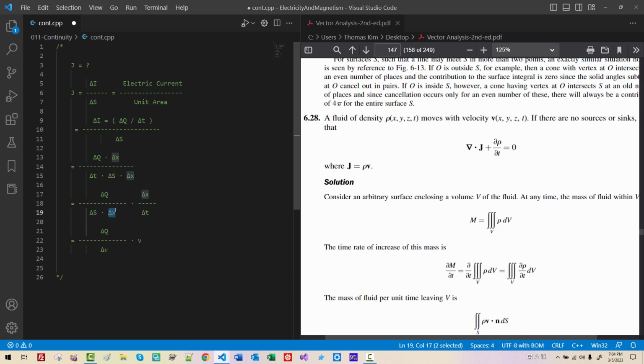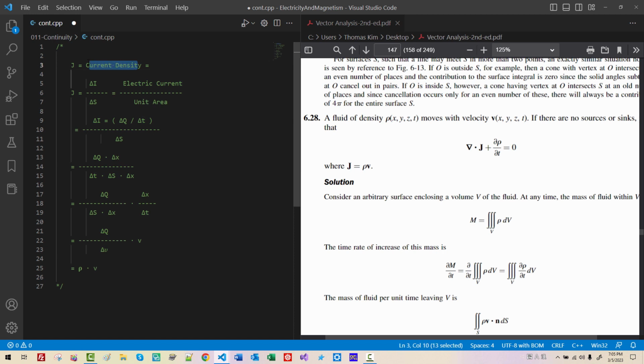Delta X is the distance our charge Q moved in delta T. Delta S times delta X is volume. So it becomes ρ, the density of charge, times velocity. It means J is electric current over unit area, or current density.